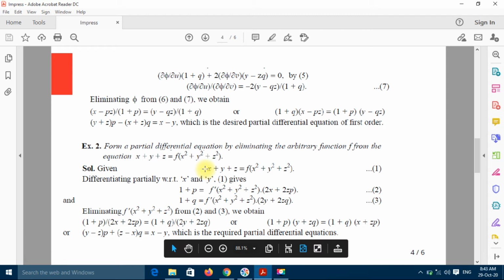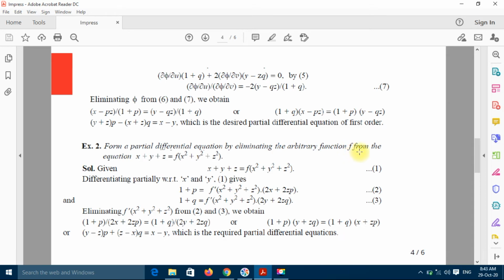Now we discuss another type of problem. The other type of problem is to form a partial differential equation by eliminating the arbitrary function f from the equation x plus y plus z is equal to f of (x square plus y square plus z square).